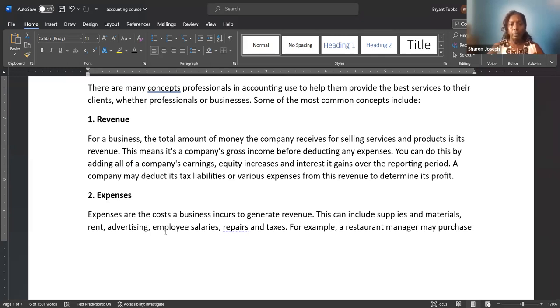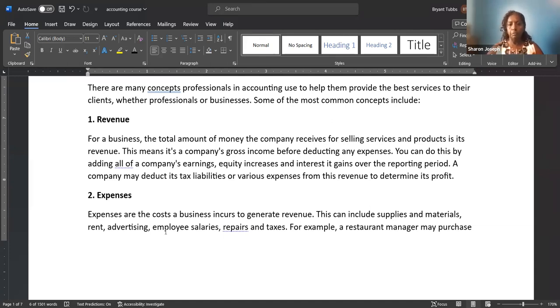This means that a company's gross income before deducting any of its expenses is the revenue. You can do this by adding all of the company's earnings, equity increases, and interest it gains over the reporting period. A company may deduct its tax liabilities or various expenses from revenue to determine its profit.